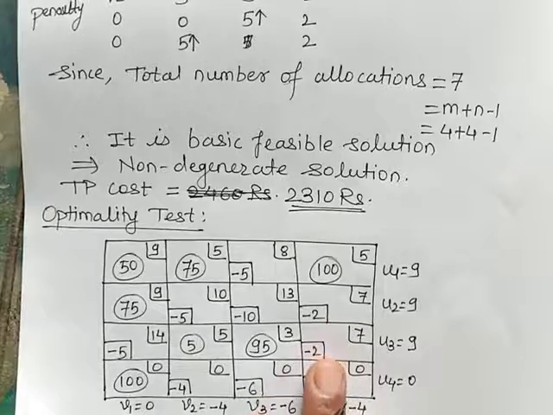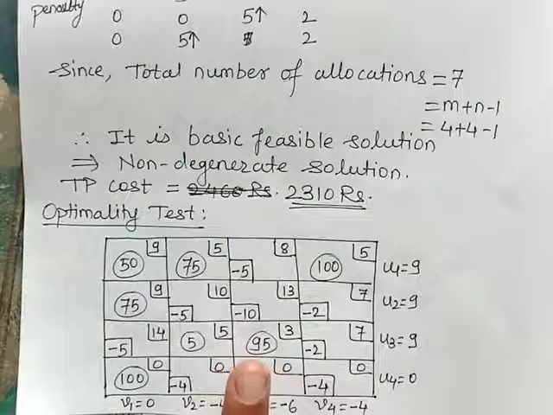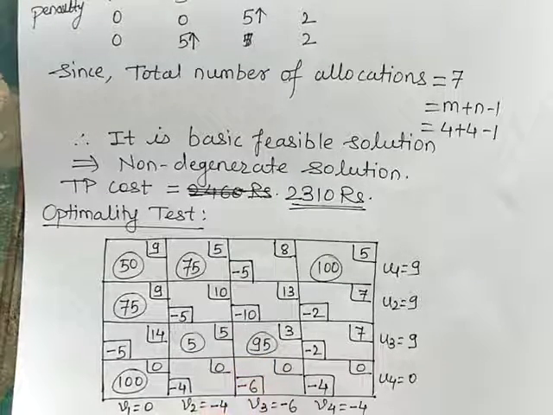From this problem, we can say that VAM provides a best starting initial basic feasible solution. It will be directly optimal, or if it is not, then within 1 or 2 improvements we can get the optimal solution.